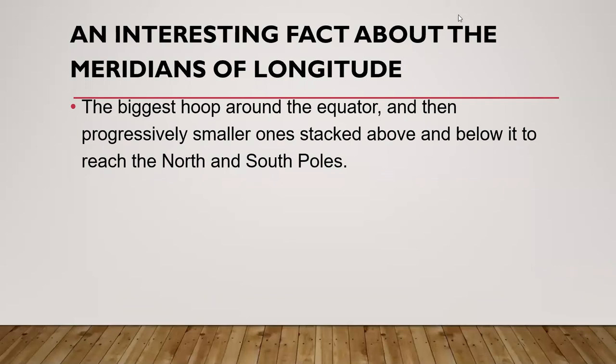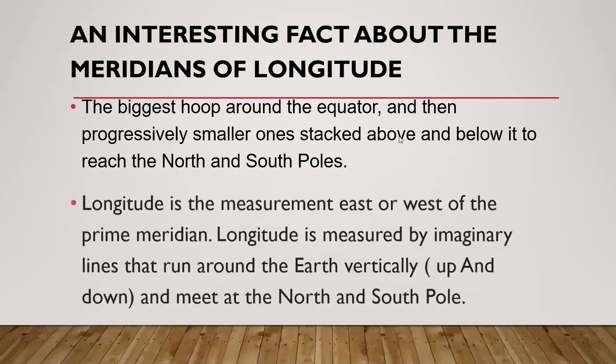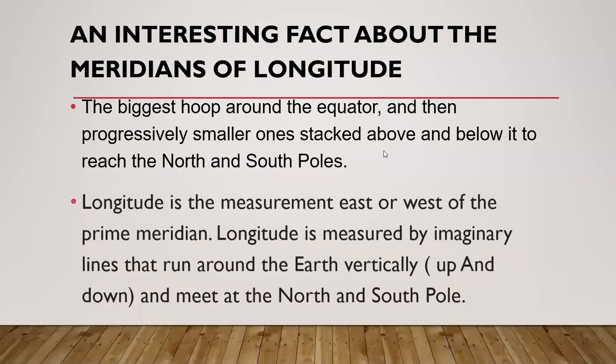Okay, so you got to know the lines of the equator, but what about the longitudinal lines, the lines which are vertical? These lines are also drawn, they run from the north to the south pole, and obviously it's a sphere shape, so they will go around that shape.